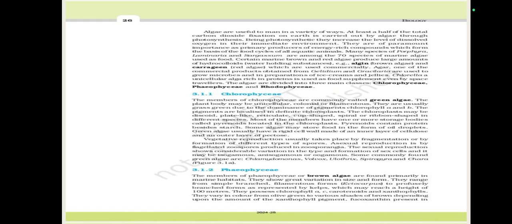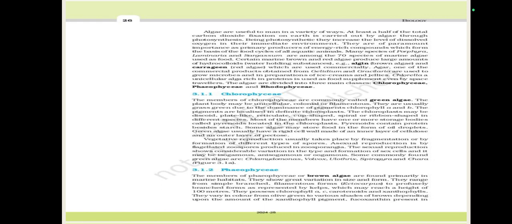Many species of Porphyra, Laminaria, and Sargassum are among the 70 species of marine algae used as food. Certain marine brown and red algae produce large amounts of hydrocolloids, water holding substances, for example, algin from brown algae and carrageen from red algae, which are used commercially.